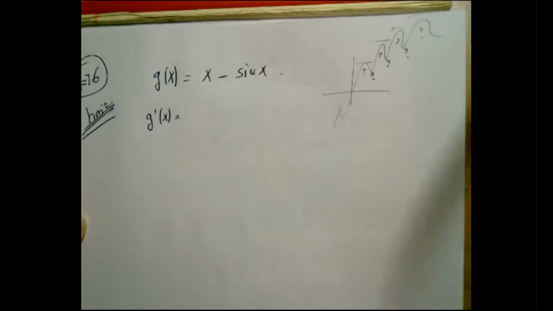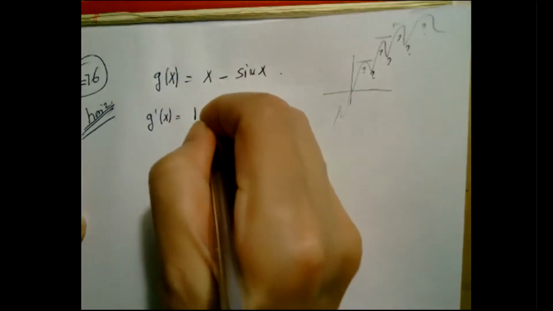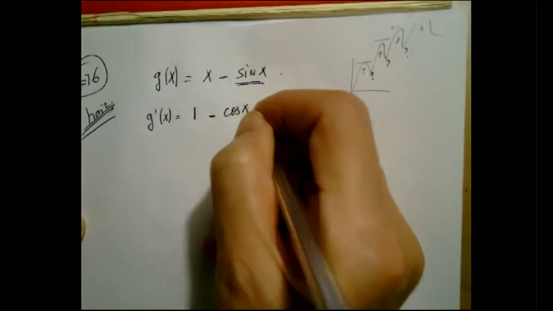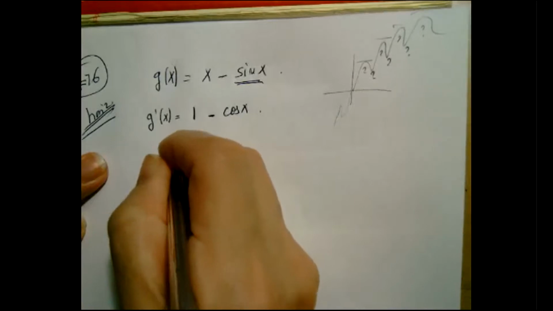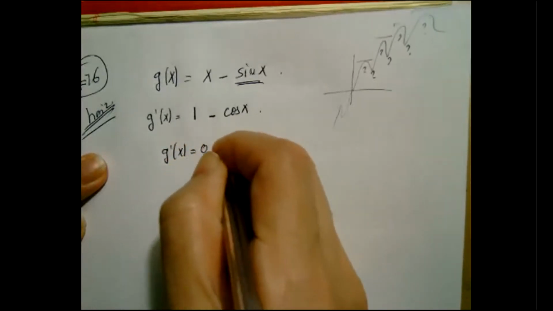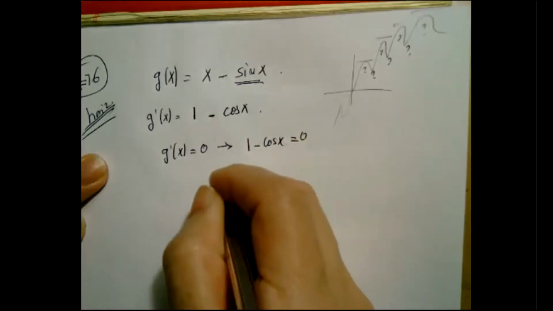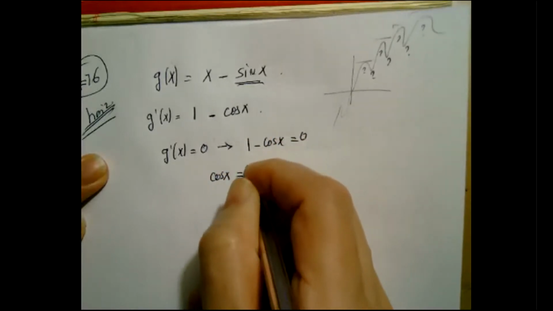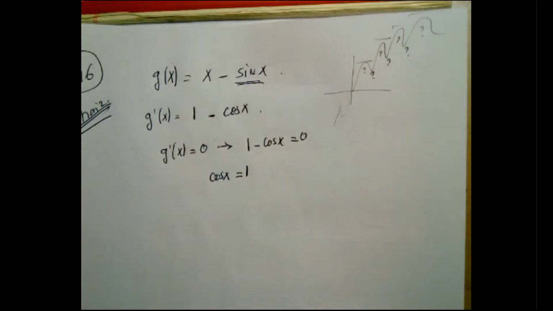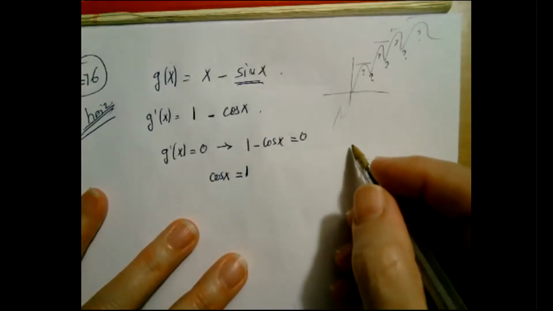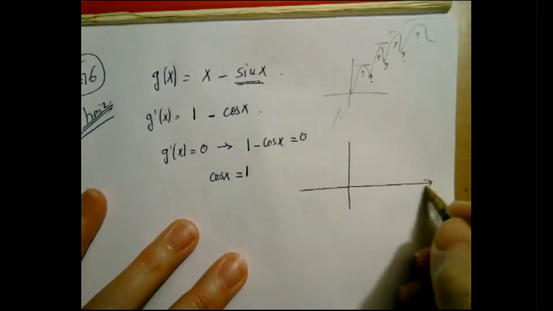Okay, so we're going to set g prime equal to 0. So what's g prime? It's 1 minus derivative of sine, which is cosine. So we set g prime of x equal to 0. This means that 1 minus the cosine equals 0. Means the cosine of x is equal to 1. And now the question is, when is the cosine equal to 1? For which values of x is the cosine equal to 1? So let us remember a little bit the graph of cosine. How does it look?